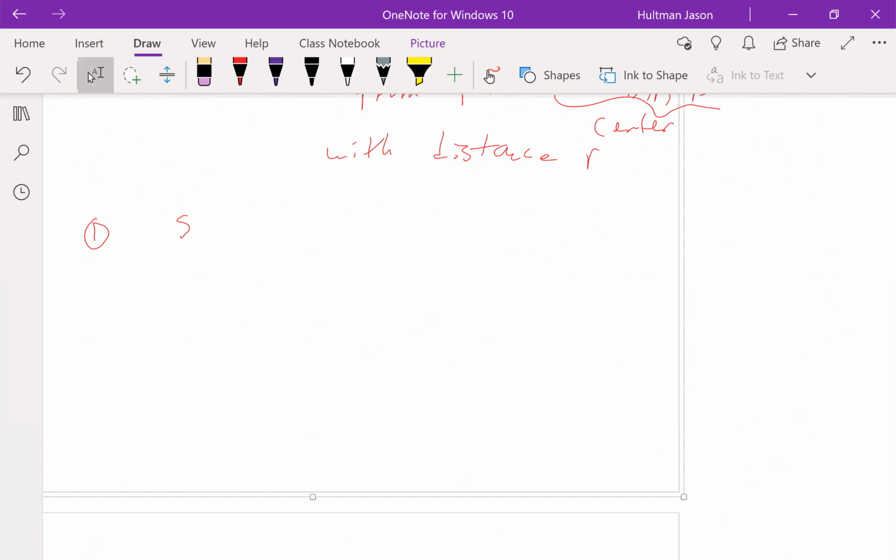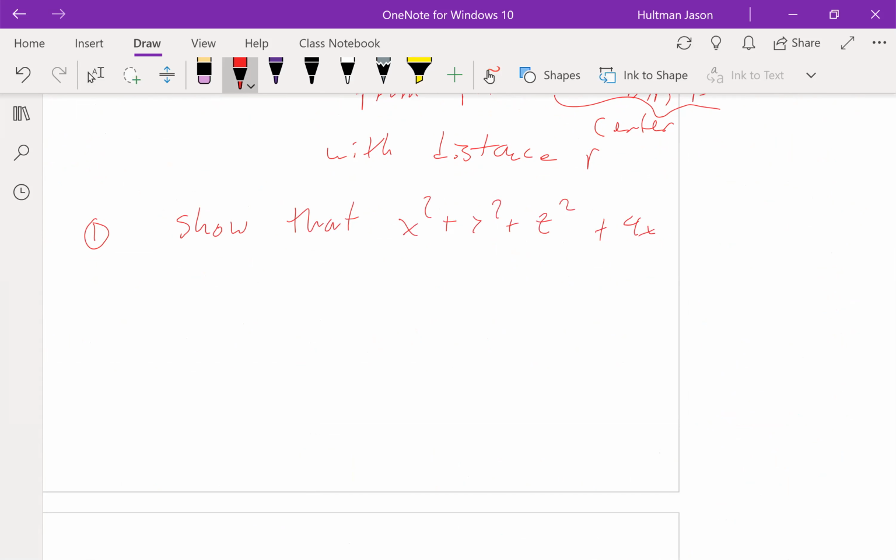Show that x squared plus y squared plus z squared plus 4x minus 6y plus 2z plus 6 equals 0 is the equation of a sphere, and find its radius.